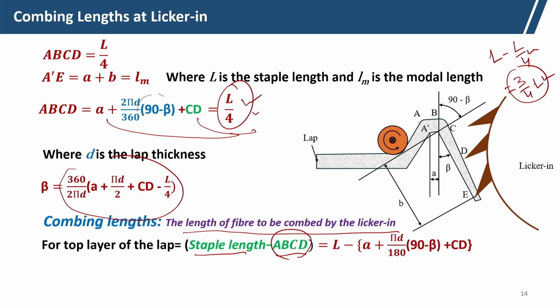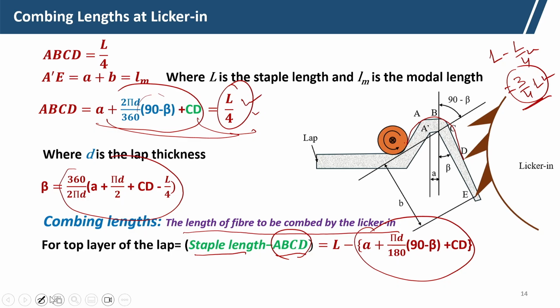So, during the starting point the fiber is there, and then it will start combing. That length is the combing length, L minus ABCD. This length is the length available for combing by the liquoring.